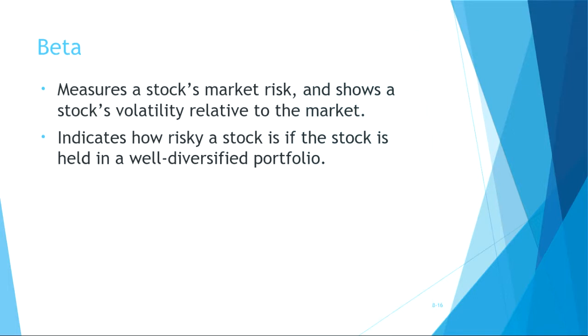If the market goes up 10%, that stock goes up 10% as well, same as the market. If beta is 1.5, the market goes up 10%, and this stock goes up 15%, 1.5 times more. So it's more volatile than the market, right? It might be 0.5, then it's less volatile than the market.